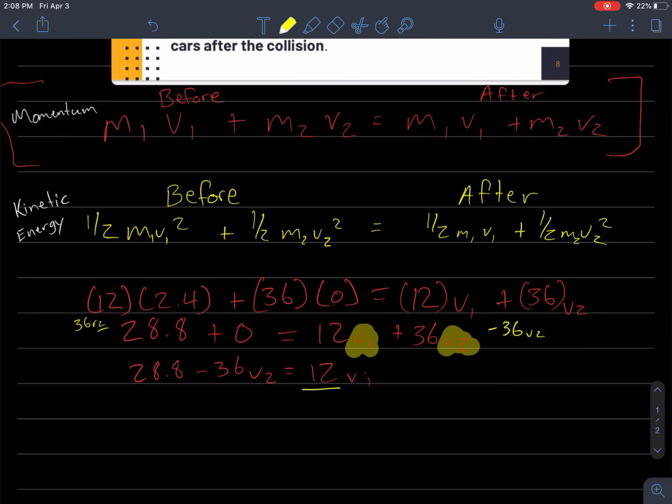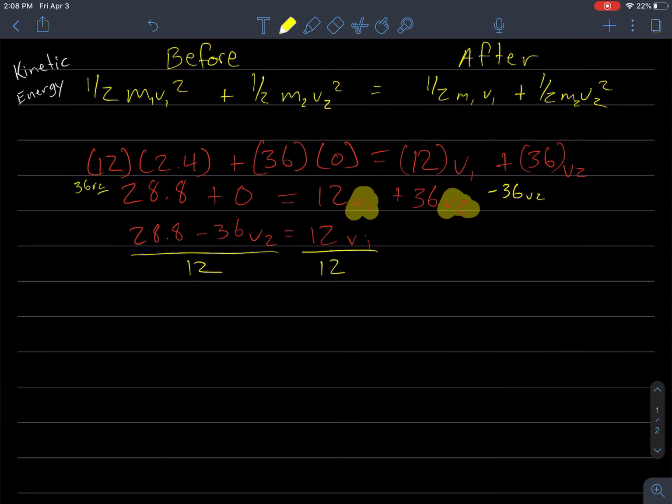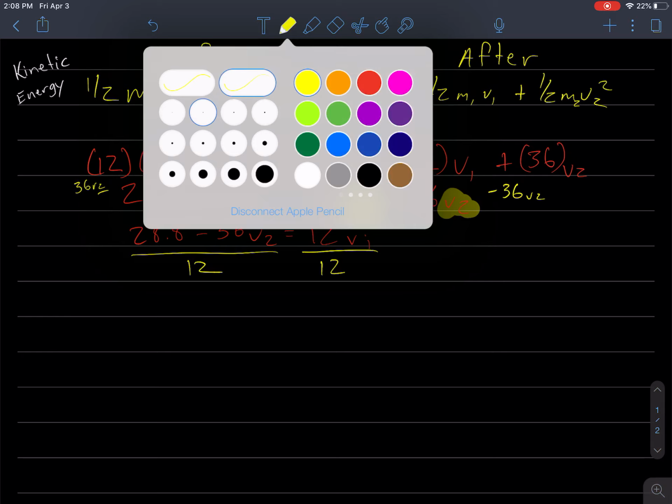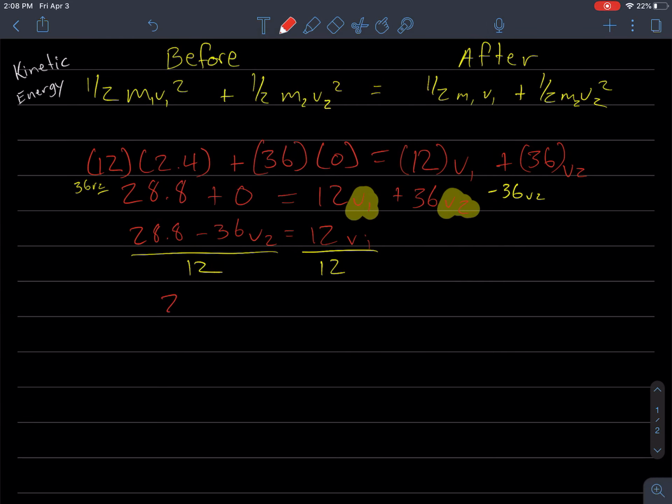And then I'm going to divide both sides by 12. And then I end up with 2.4 minus 3v2 equals v1. Make that a little neater. Okay, so I have a formula here that I can use in the future.